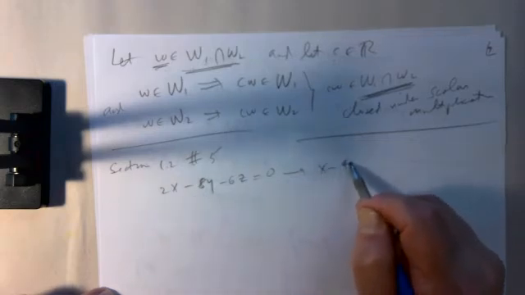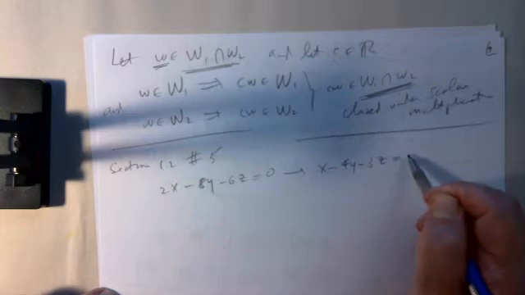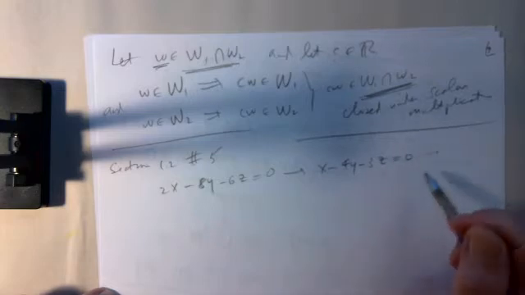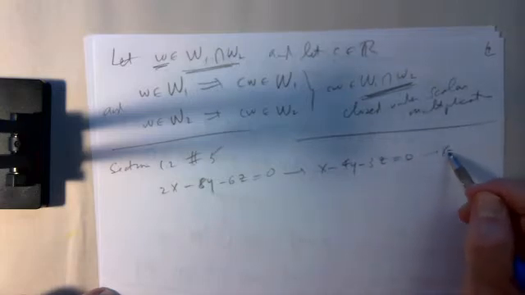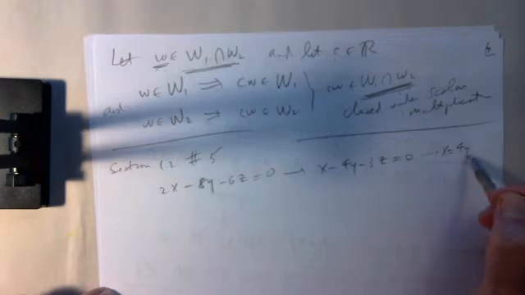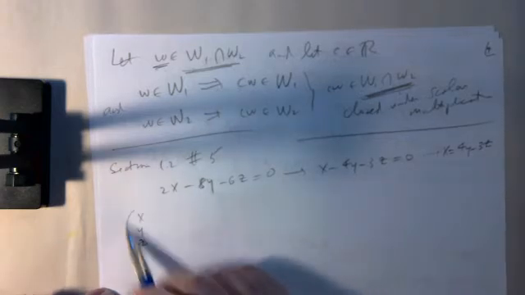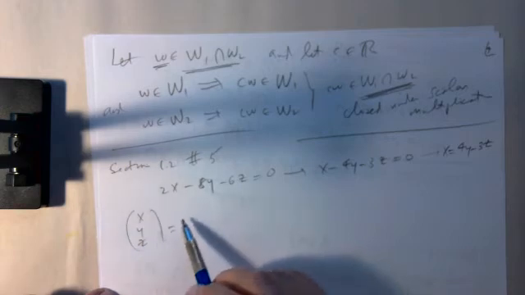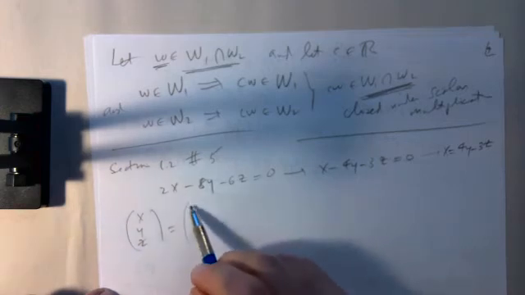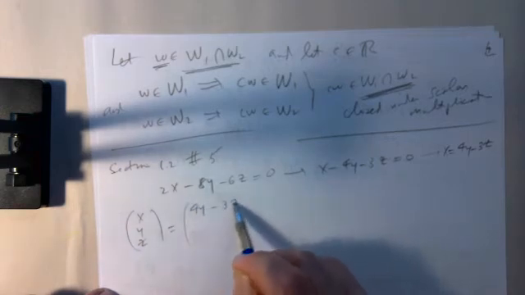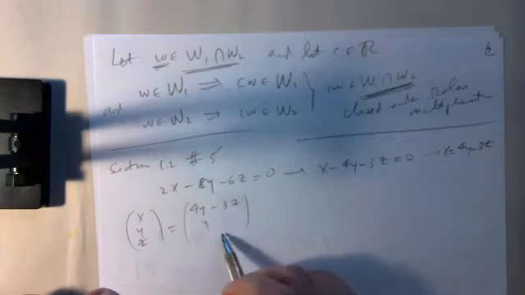So x minus 4y minus 3z is 0. So whenever you have a solution, x is going to be equal to 4y plus 3z. So if you have any solution x, y, z, x is really 4y plus 3z, y, z.